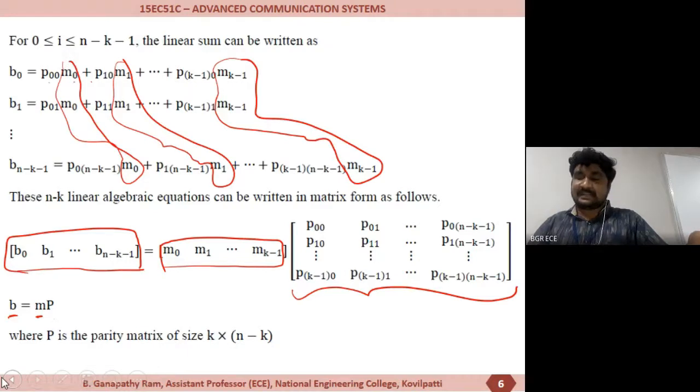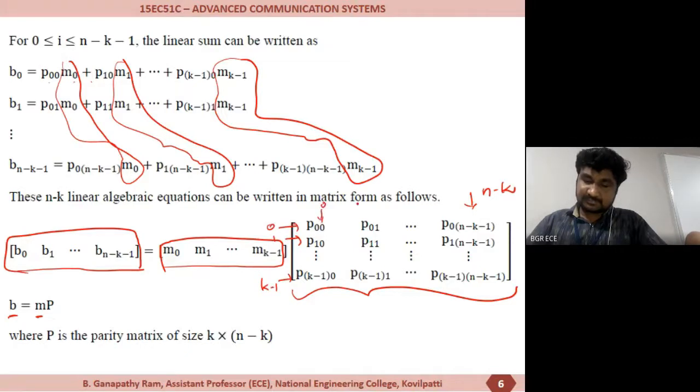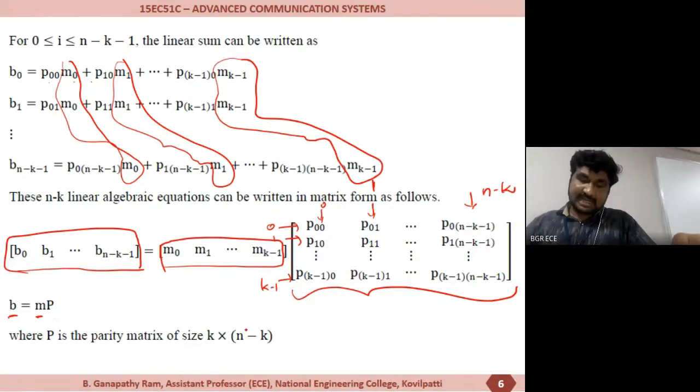So the parity matrix is assumed to have n minus k number of columns and k number of rows, so that we can write the size of the parity matrix as k cross n minus k.